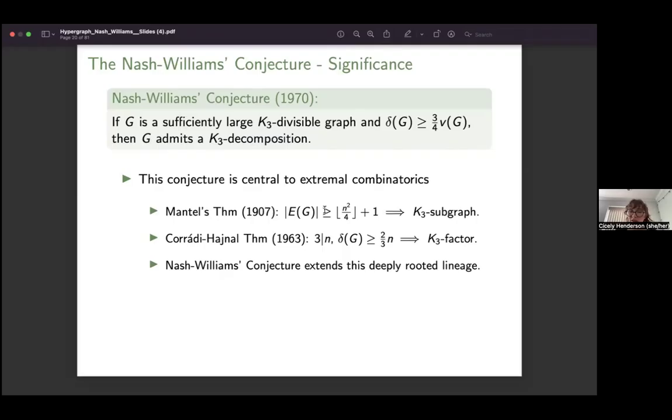And so the Nash-Williams conjecture extends this deeply rooted lineage, from the existence of a K3 subgraph with Mantel's theorem and more broadly Turán's theorem, to the existence of a K3 factor, where we're taking vertex disjoint spanning copies of triangles, from the Corrádi-Hajnal theorem, which again is the base case of the hard-hitting Hajnal-Szemerédi theorem. Well, then the Nash-Williams conjecture extends this to the existence of a triangle decomposition, so now edge disjoint spanning copies of triangles.